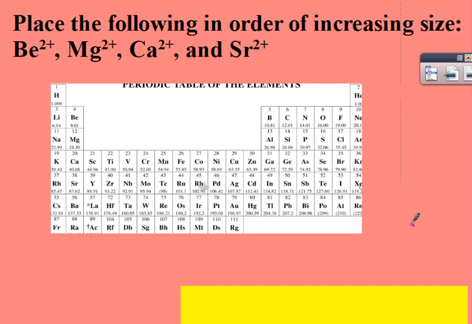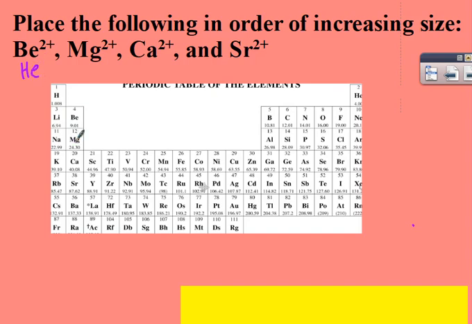So this question says, place the following in order of increasing size. They don't have you explain anything, just put them in order. So they're ions. The first thing you want to do when you have ions is to figure out what it is isoelectronic with. So Be has a +2 charge. So if it loses 2 electrons, it would be isoelectronic with helium.